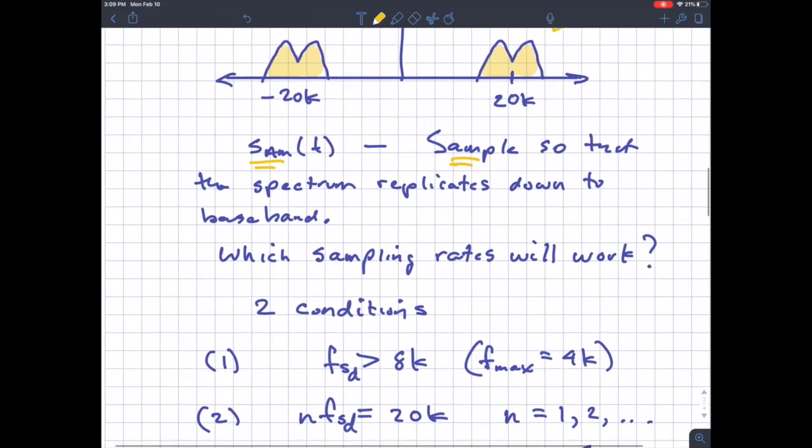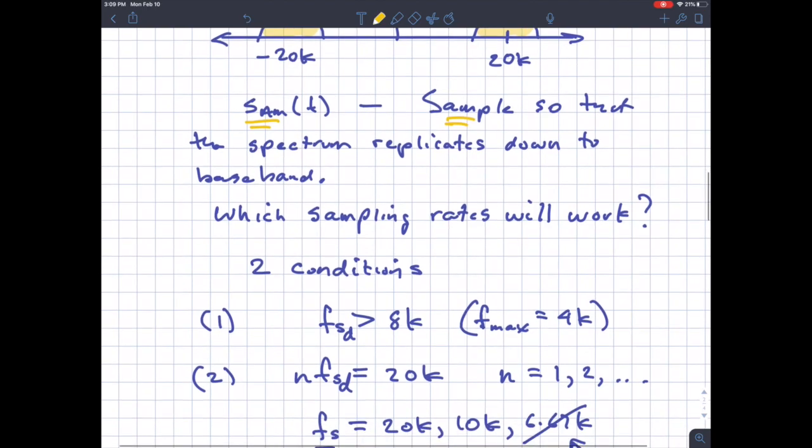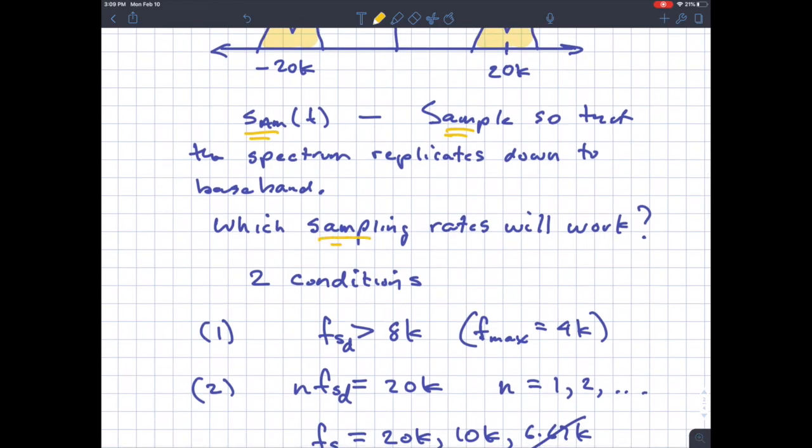That was essentially the point of that Matlab assignment where we were looking at the triangle shape and trying to move that back down to baseband. So the question would be, if this is the situation, what sampling rates will actually do the job? To find out which sampling rates will work, we need to satisfy two conditions.